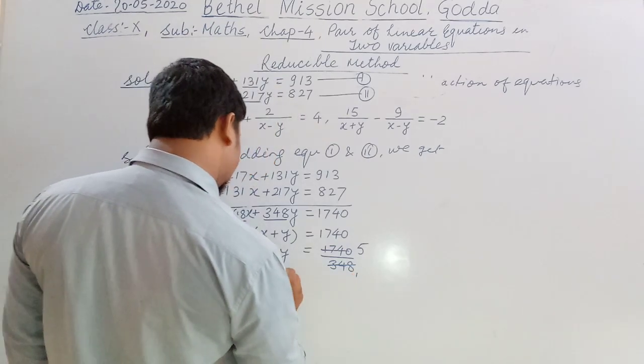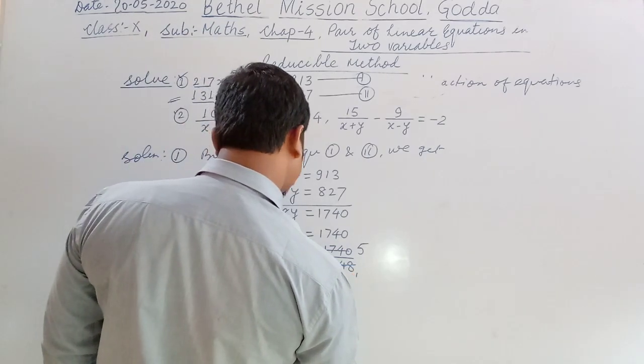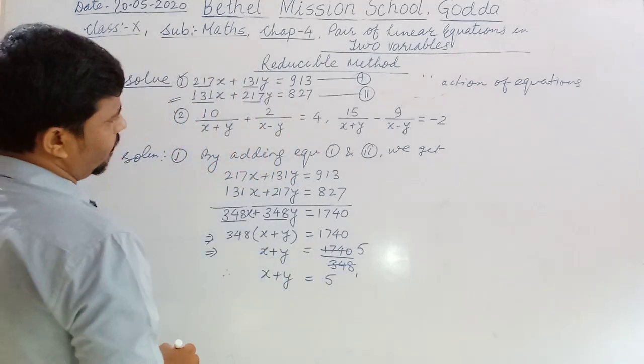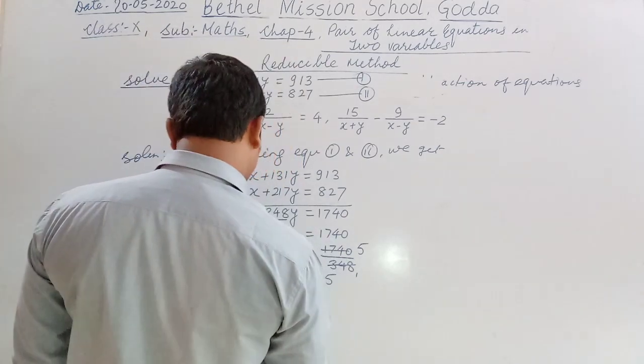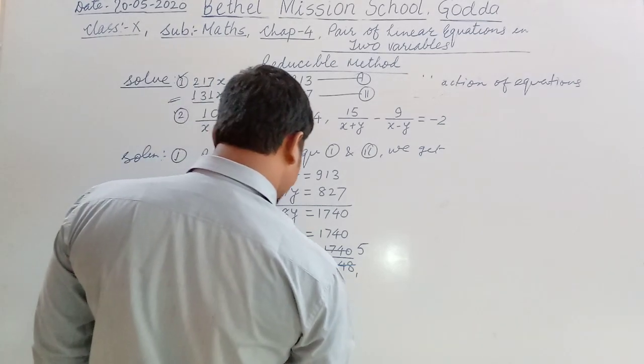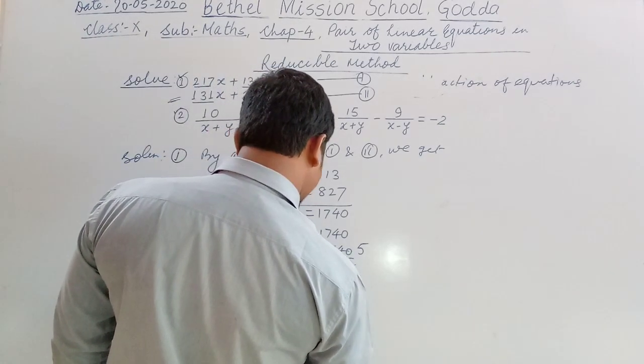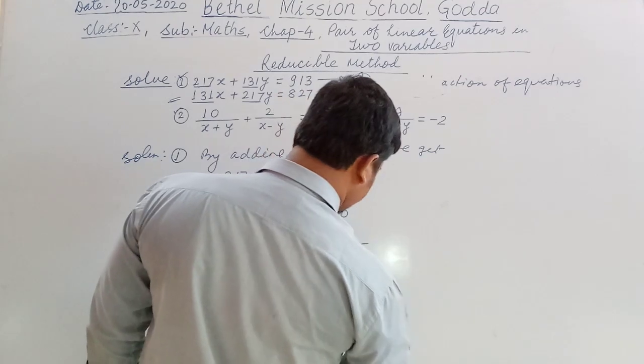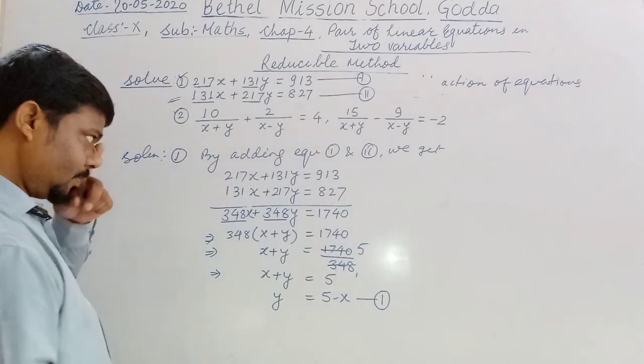Therefore x plus y equal to 5, or y equal to 5 minus x. We can suppose this is equation 3.